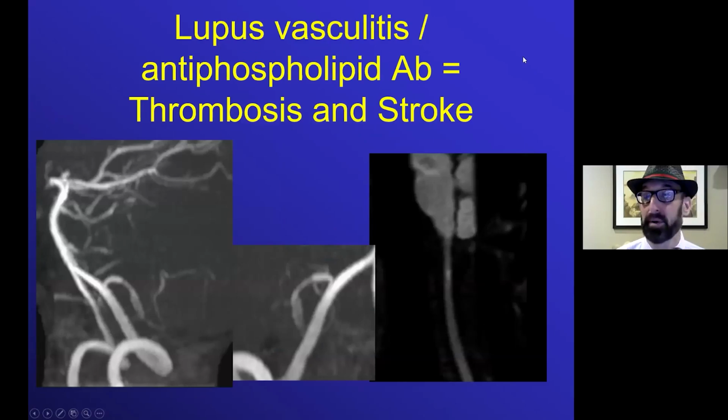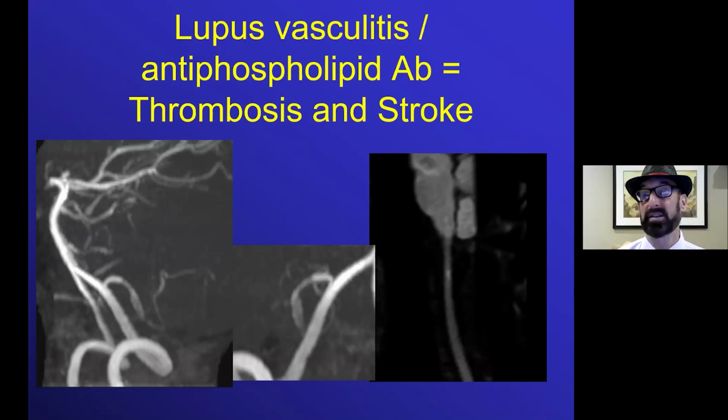What about lupus? Well, they didn't mention lupus vasculitis. So a lot of times lupus vasculitis or vasculopathy is more considered a thrombotic entity rather than an inflammatory disease. And that's because of the antiphospholipid antibodies, the lupus anticoagulant associated serology that may predispose one to a stroke.